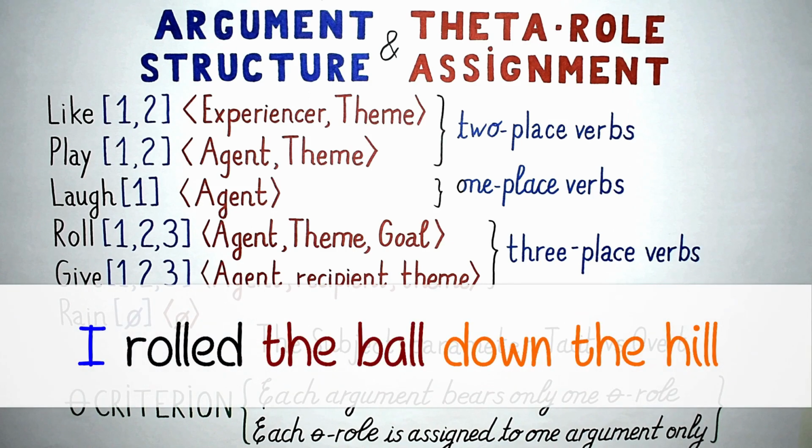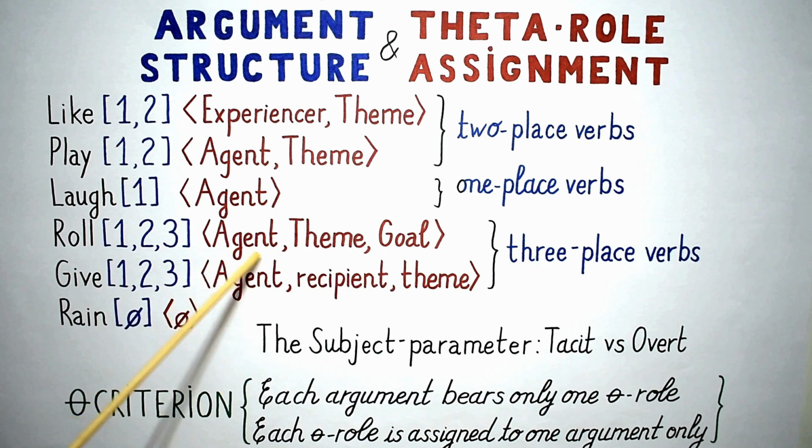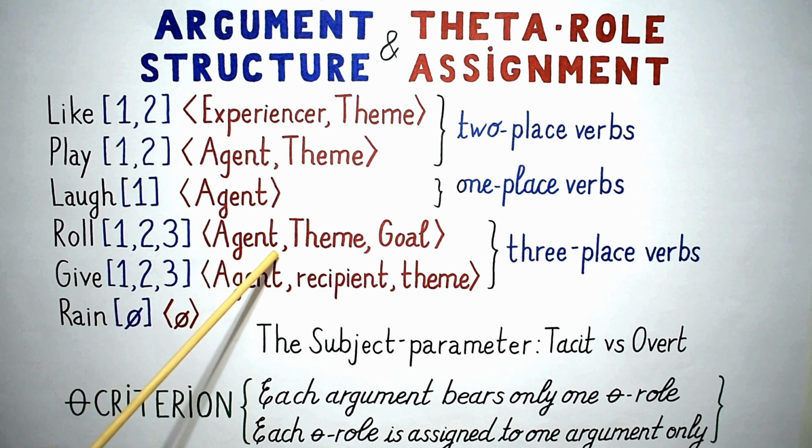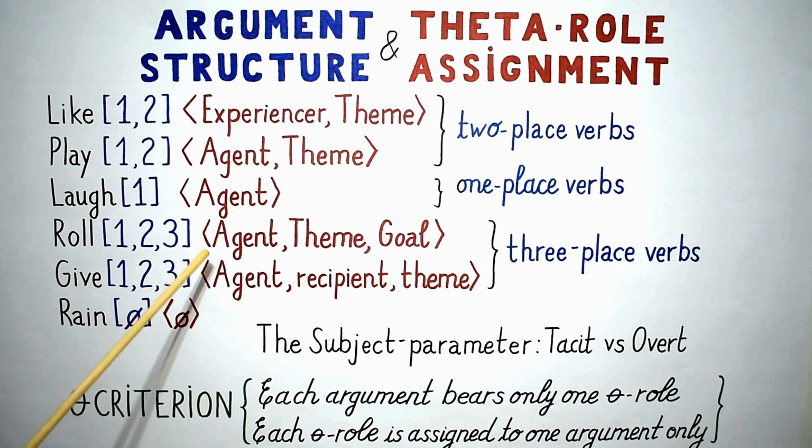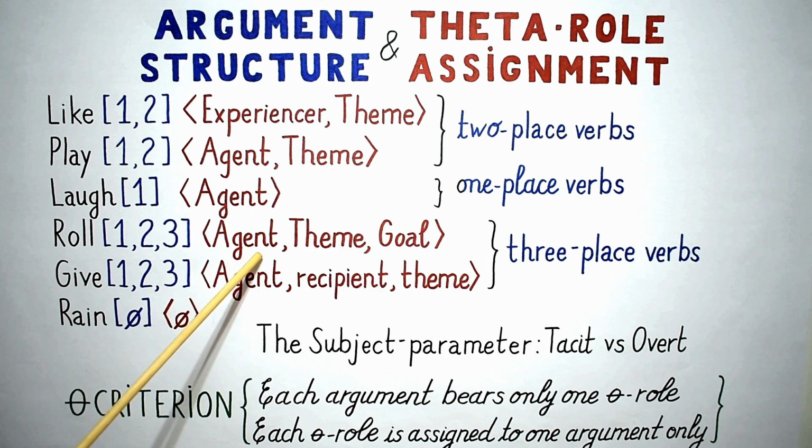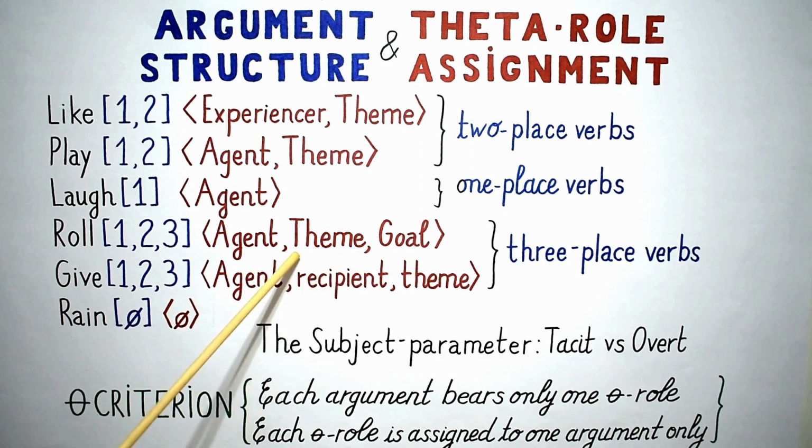So roll in I rolled the ball down the hill will have three arguments. The agent I, that's the first argument, because I performed the action of causing the ball to roll down the hill. So in I rolled the ball down the hill, we have an argument I, that is the agent, and we have the ball, that is the argument theme that undergoes the action of rolling as an effect of the action performed by I, the agent.